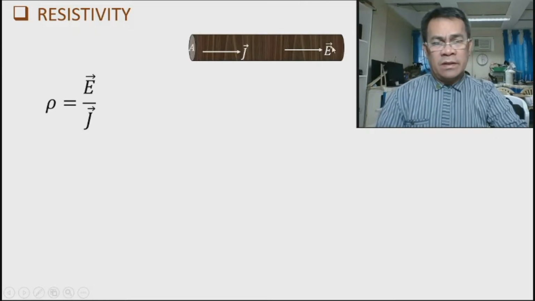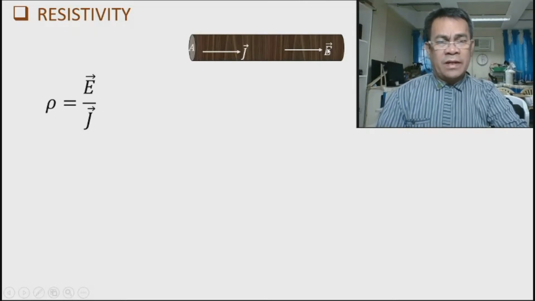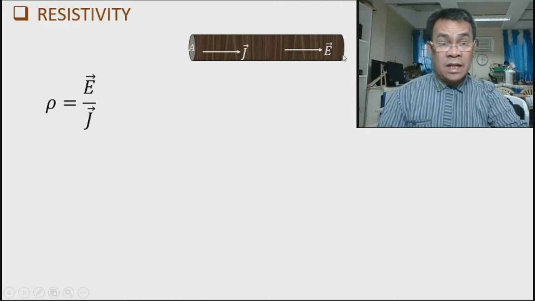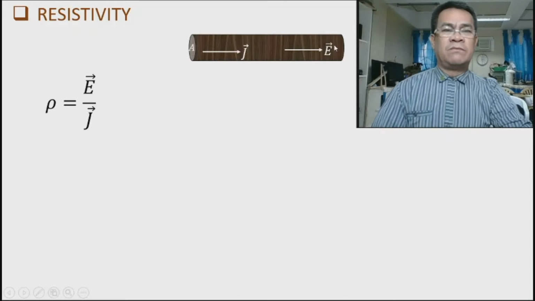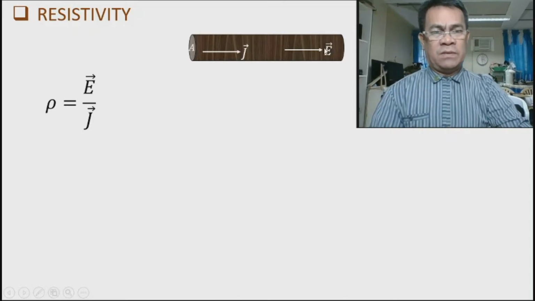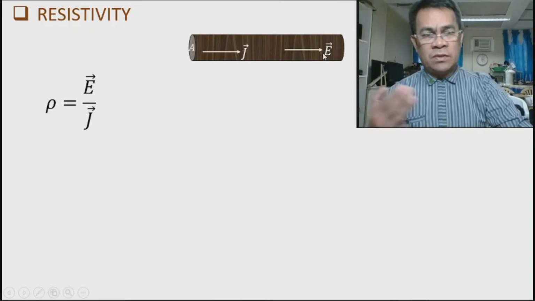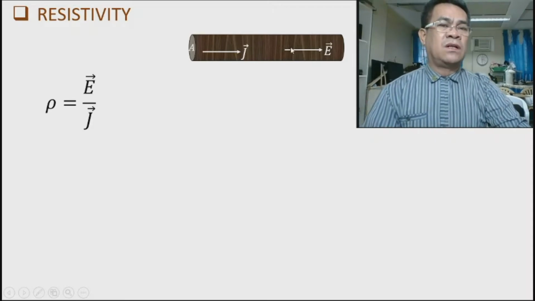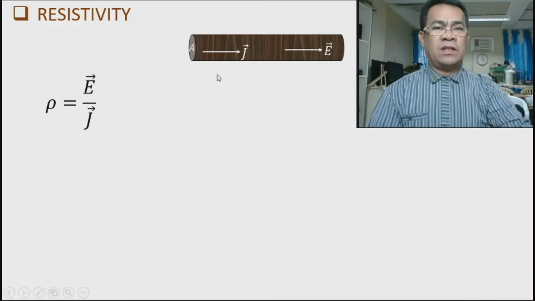Remember that the potential difference is the product of the electric field times the length of the conductor. So why do we have this electric field? The reason is because we introduce a charge on both sides of the conductor.